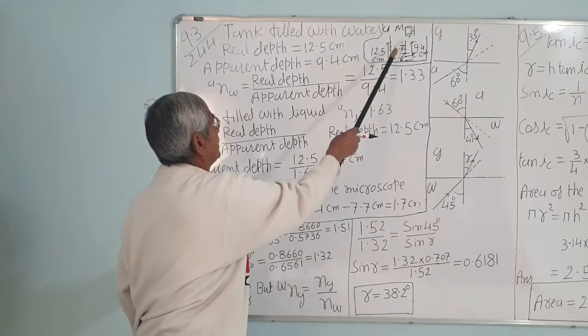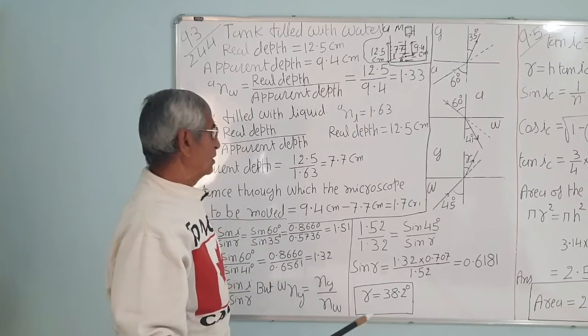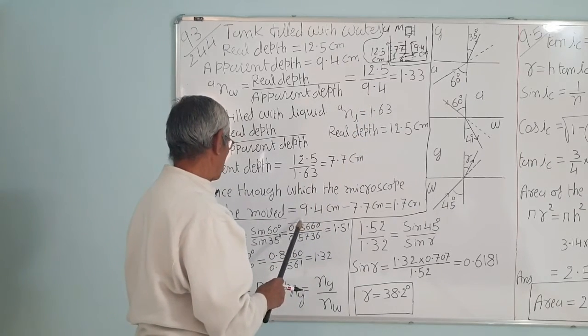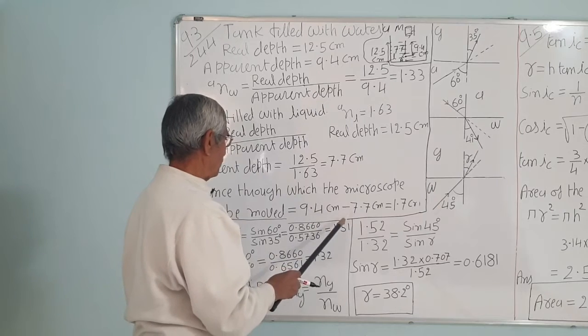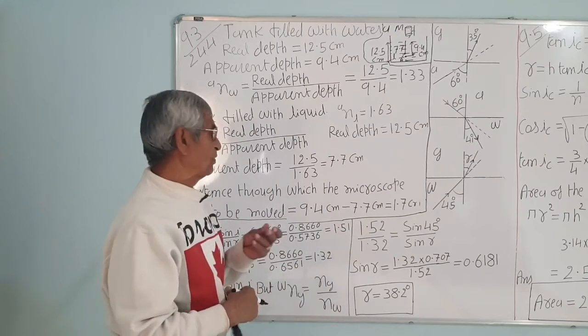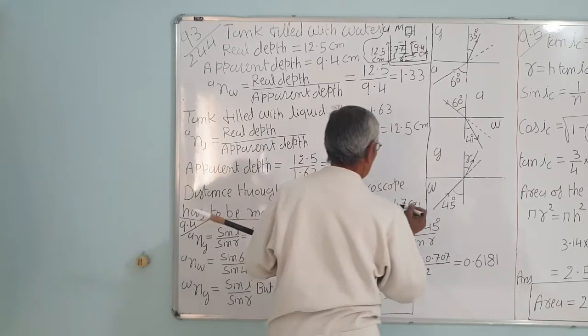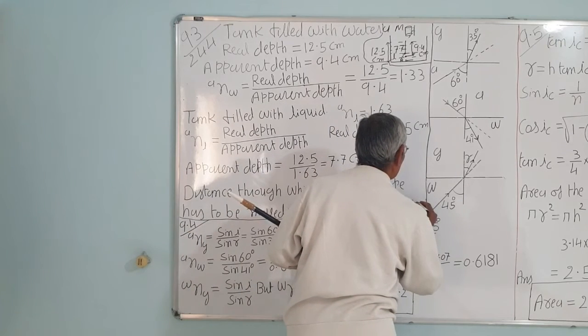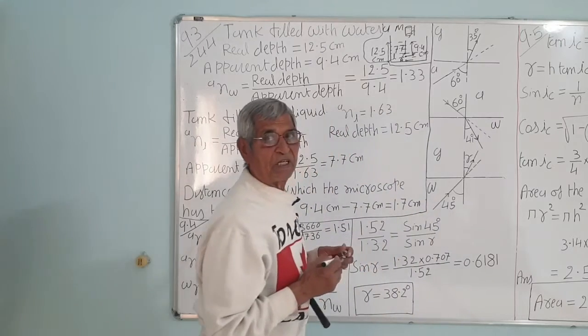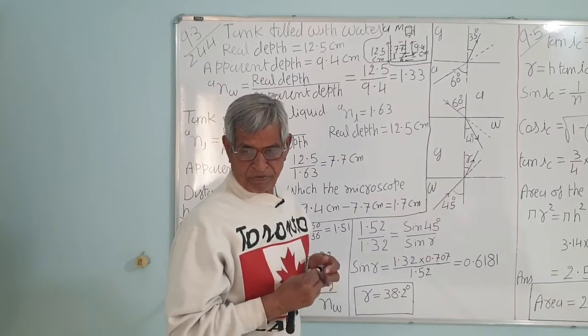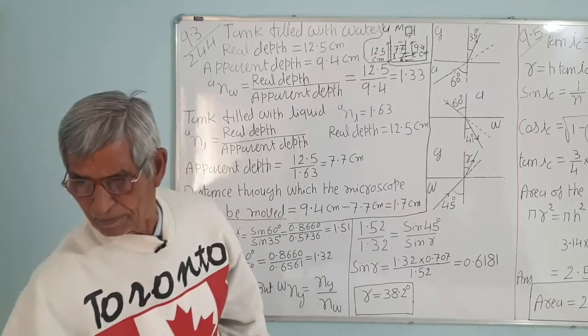So the microscope is to be raised upward, and the difference is 9.4 minus 7.7, that is 1.7 centimeter. The microscope is to be moved through 1.7 centimeter for focusing the pin which is lying at the bottom.